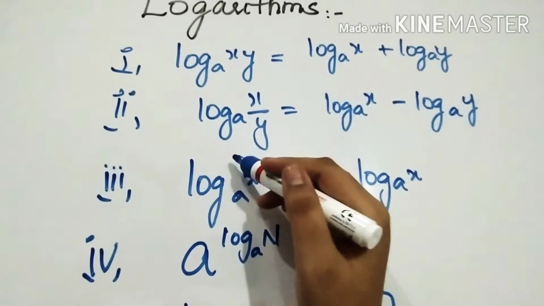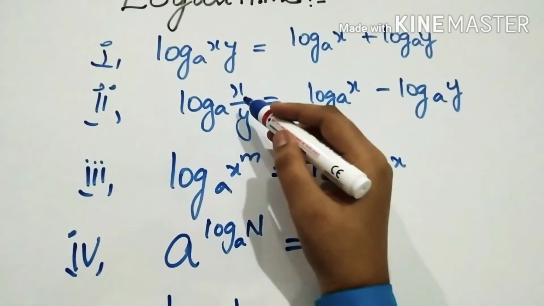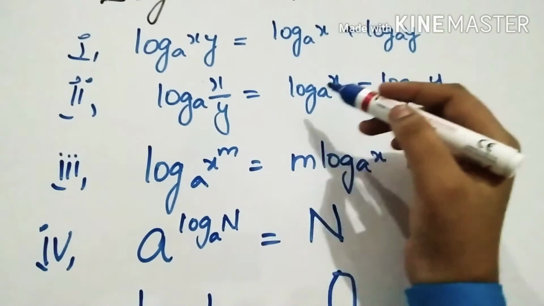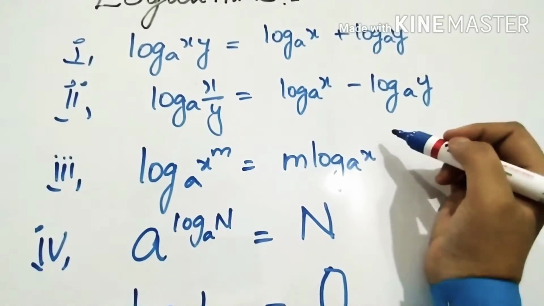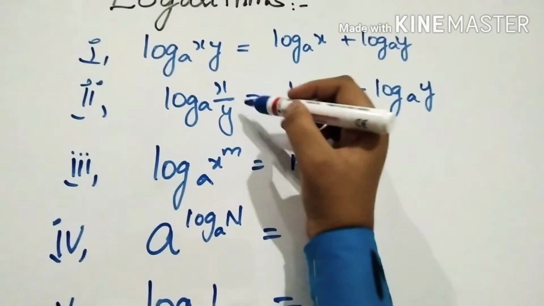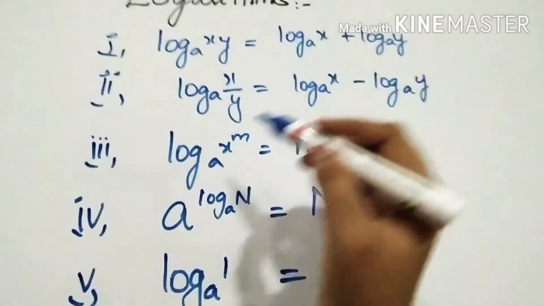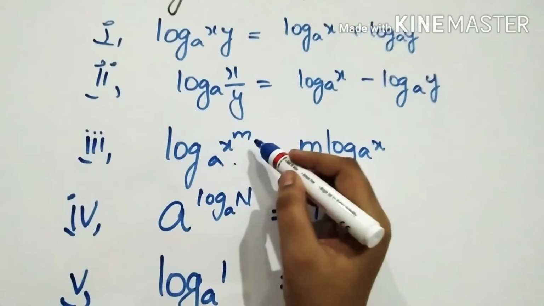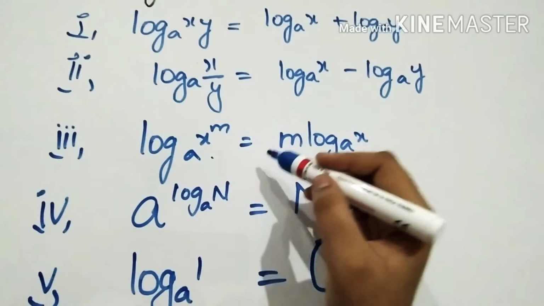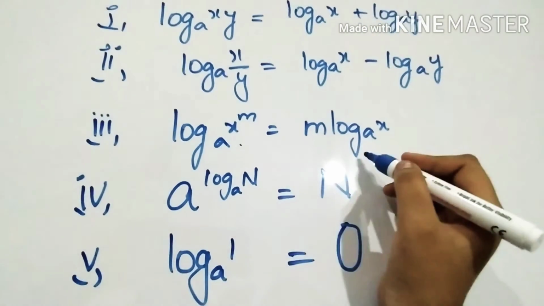And log x by y to the base a is equal to log x to the base a minus log y to the base a. So here division becomes subtraction. And log x to the power of m to the base a is equal to m log x to the base a. This is the expression.